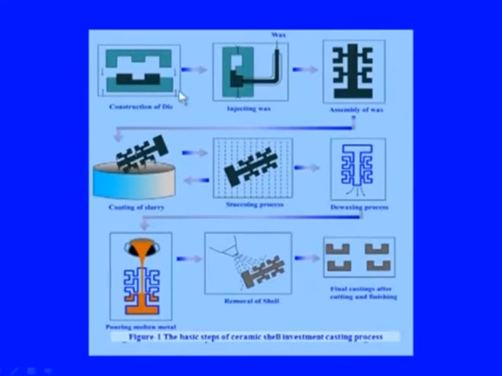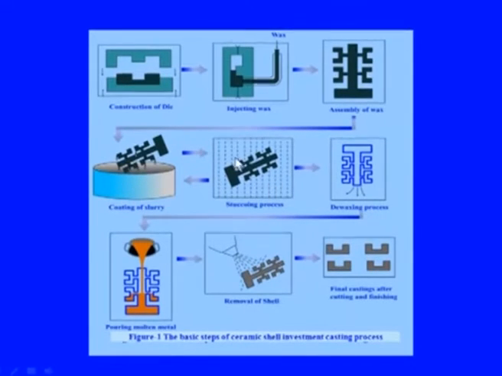In this process, the first step is the construction of the die, which is followed by injection of the wax through a system like this. Then the assembly of the wax patterns is created like this, which is then dipped into a slurry for the coating.